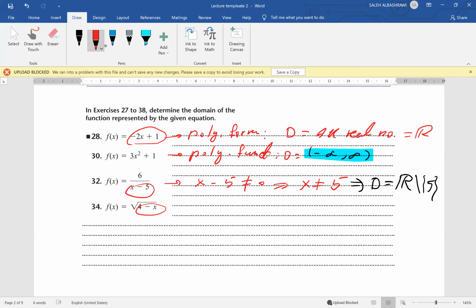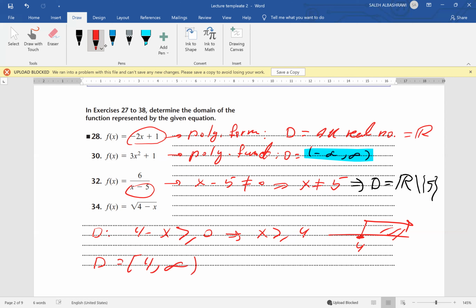So to find the domain of the square root of 4 minus x, we have to say 4 minus x must be greater than or equal to 0. Then I have a linear inequality. Just solving it, I will have x greater than or equal to 4. So the domain in this case will be from 4 to infinity, closed at 4.